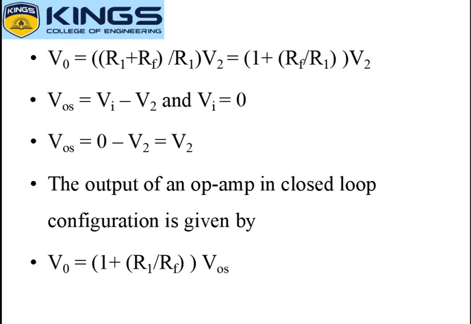Since VOS equal to Vi minus V2 and Vi equal to 0, VOS is equal to V2, right? The output offset voltage of an op-amp in closed loop configuration is thus given by V0 equal to 1 plus RF divided by R1 into VOS, right?